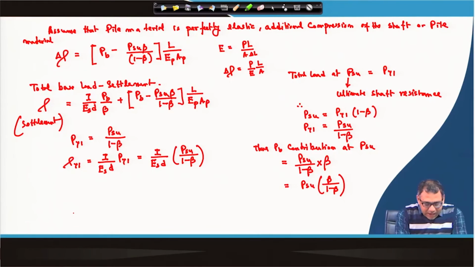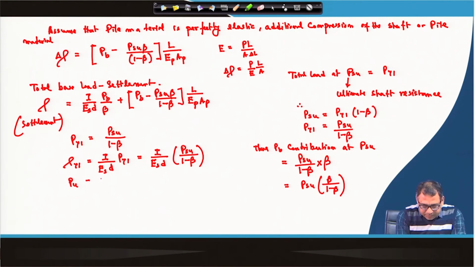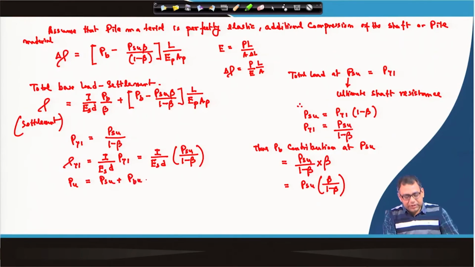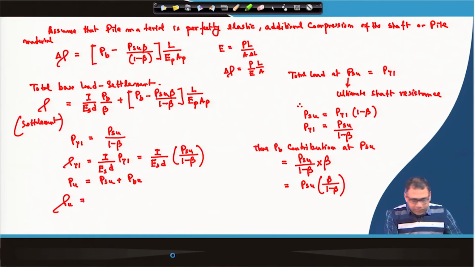Okay. So, the ultimate load Pu I have to calculate. So, this Pu will be Psu plus Pbu. These Psu and Pbu I will calculate by using the static equations, and then the ultimate settlement you can see from this curve.